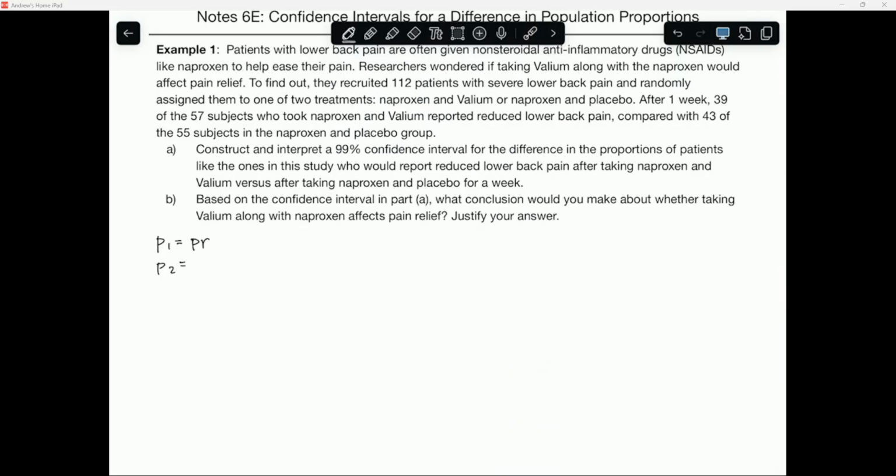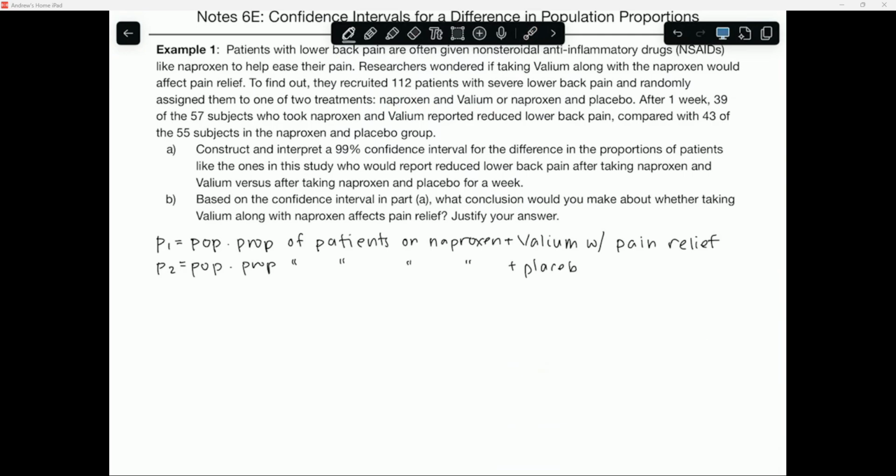So p1 is the population proportion of patients on naproxen plus Valium with pain relief, and p2 is the population proportion of patients on naproxen plus placebo with pain relief.